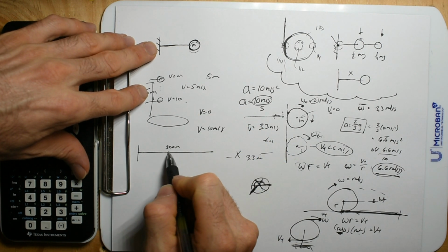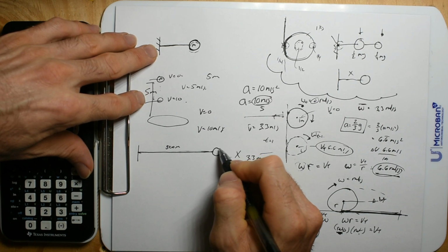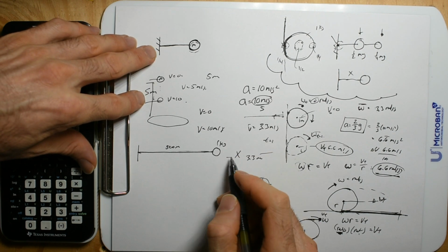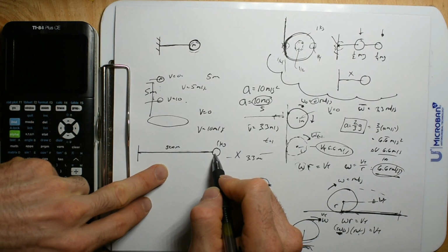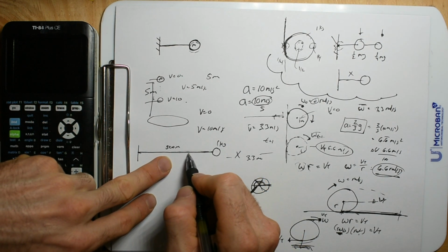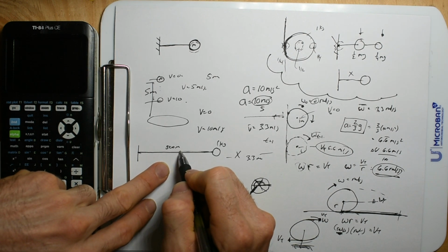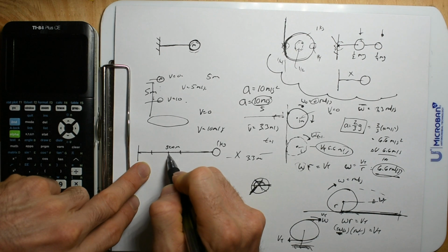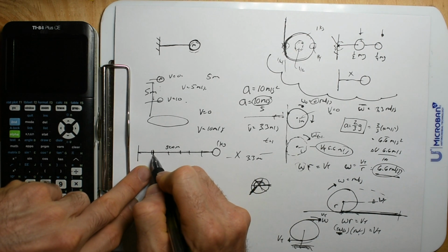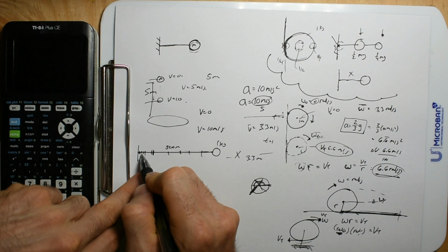Then the problem gets nonsensical because this would be a massless rod out to 500 meters, and then you're just supporting 1 kilogram. Let's see, if this is 500, maybe this is 100, this is 50, this is 10.